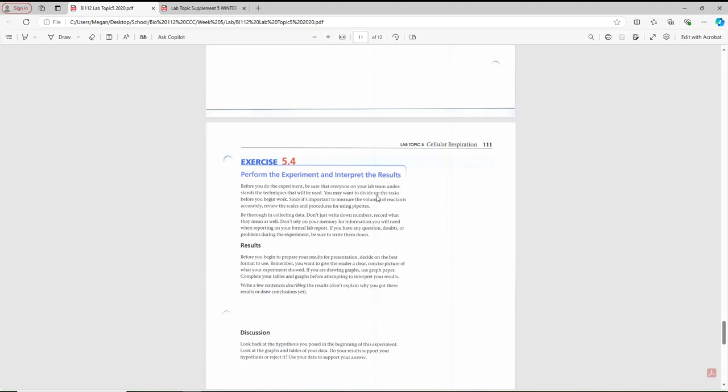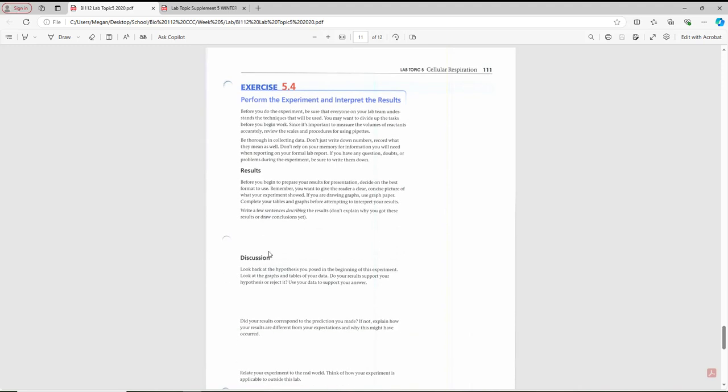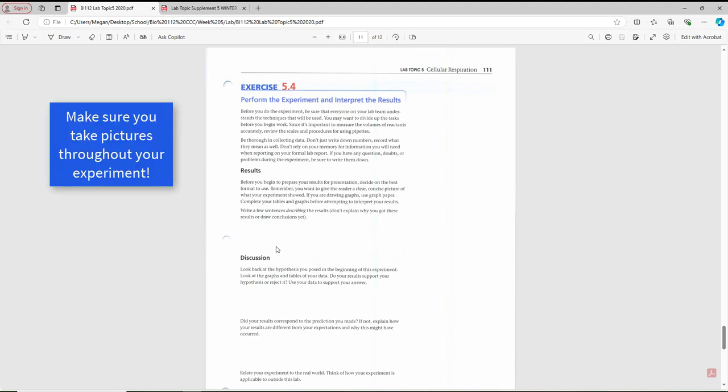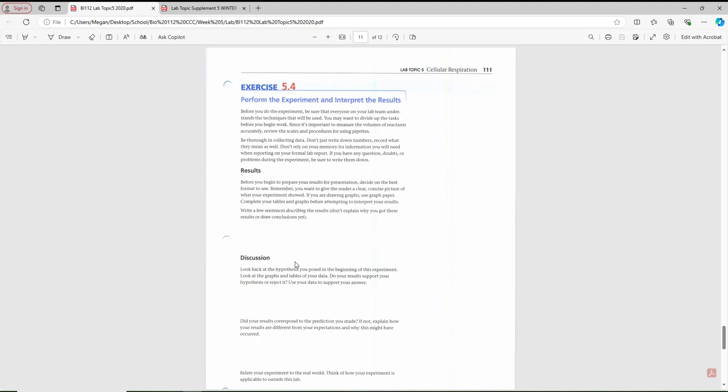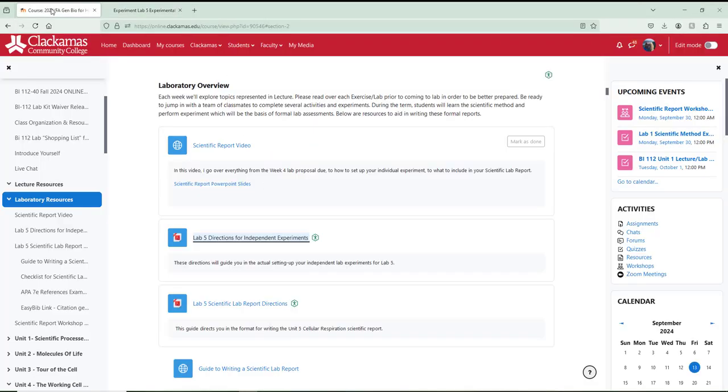You're going to go ahead and perform your individual experiment, okay? So think about how you're going to set up your data table. You want to go ahead and take pictures throughout your experiment, so make sure those are available so that when you do make up your scientific report later on, you will have those available.